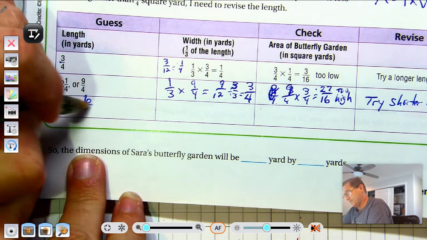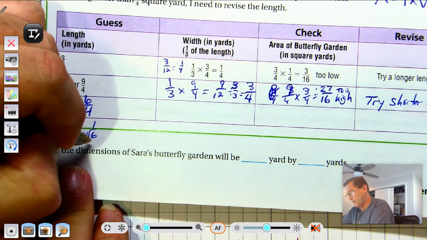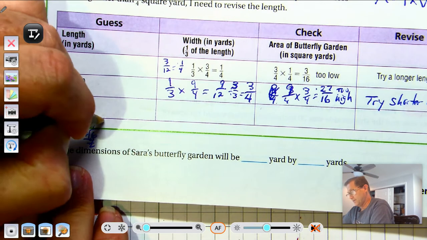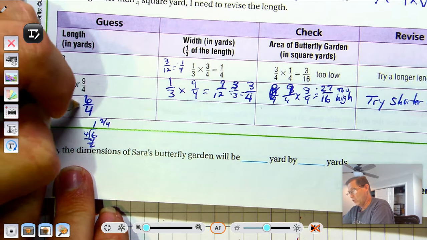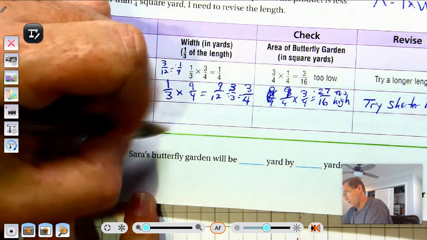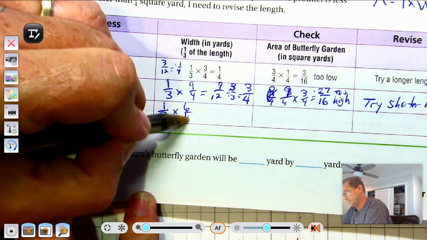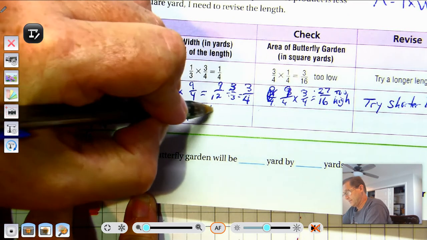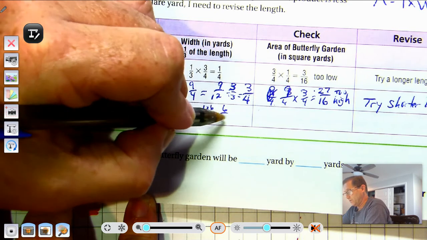Why don't we say 6/4? What is 6/4? 6 divided by 4 is 1, and 2/4 are 1.5. So we can say 1.5 or 6/4. All right, so with 6/4, we want to take 1/3 of 6/4. 6 times 1 is 6, 3 times 4 is 12.